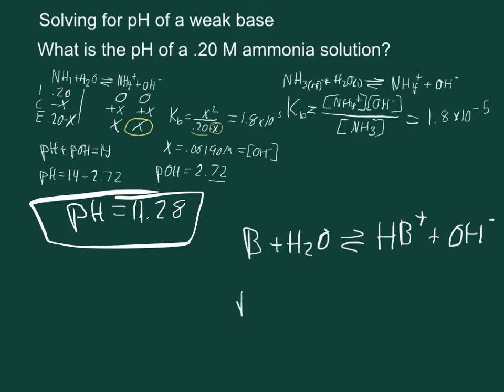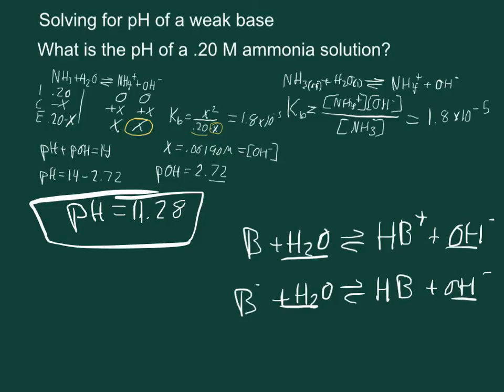You could also write it as B- plus water. In this case it would become just HB plus OH-. But if you weren't looking to make a RICE chart and you're not given that it's ammonia or something that you know, you can always use just B as a fill-in for that. Just make sure you have the plus water here because you're going to need to form the hydroxide from it.